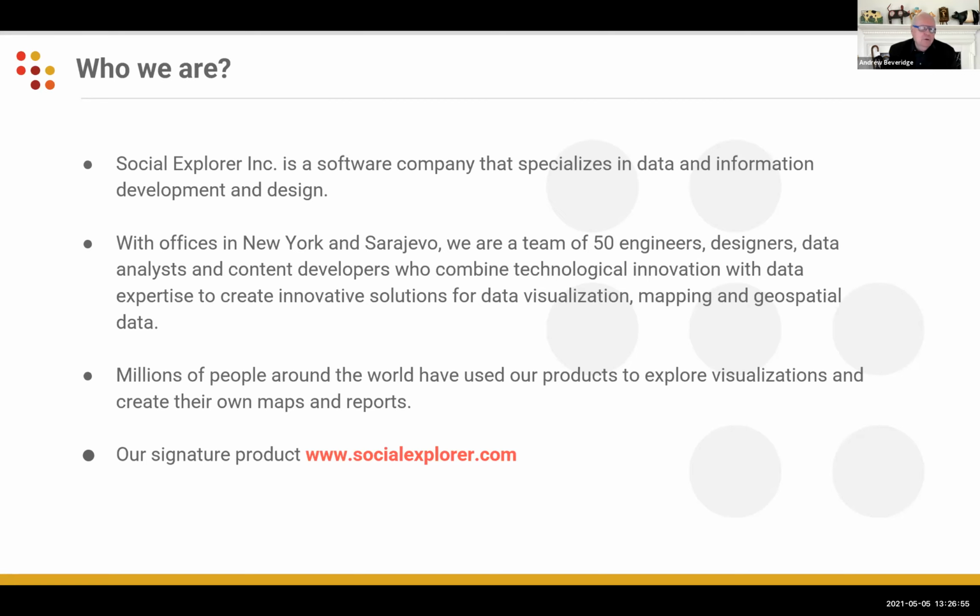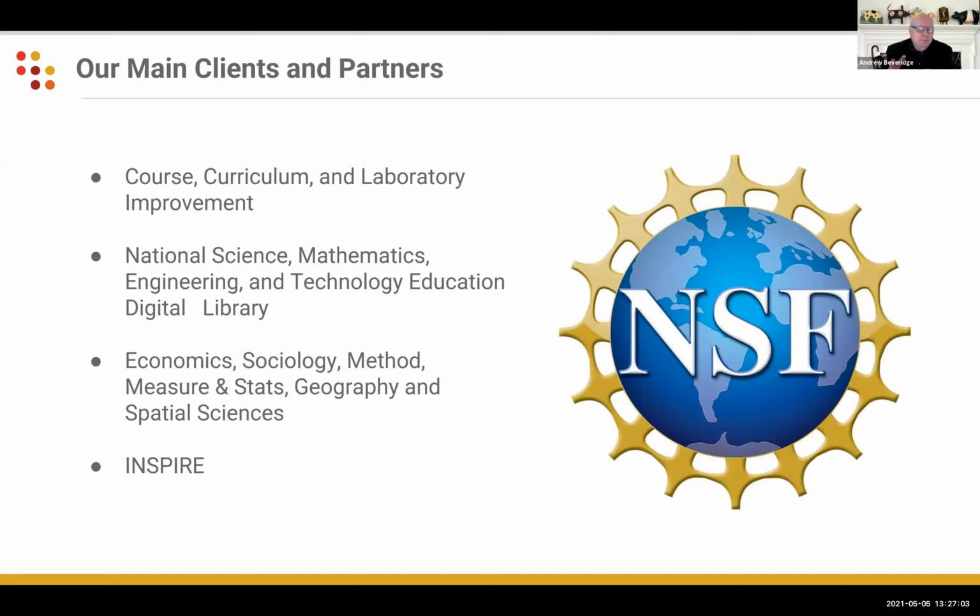Social Explorer kind of grew like topsy. We started out as a demonstration project, with NSF, they call it a concept demonstration project. Then we moved from there, which was actually to put the New York census data up from 1910.